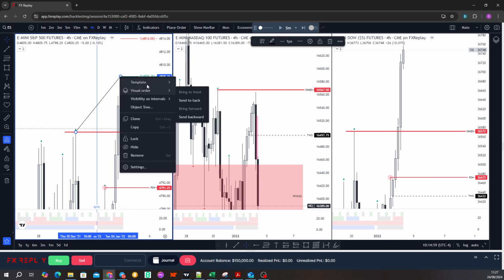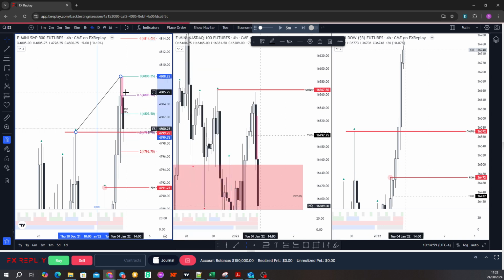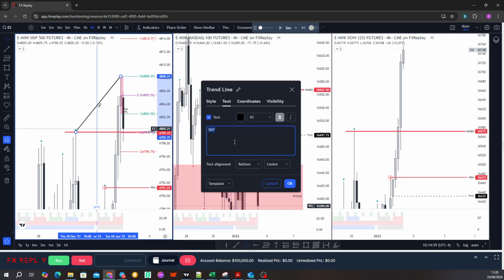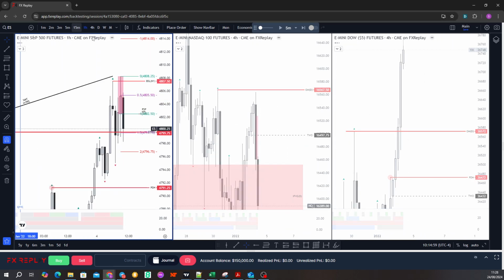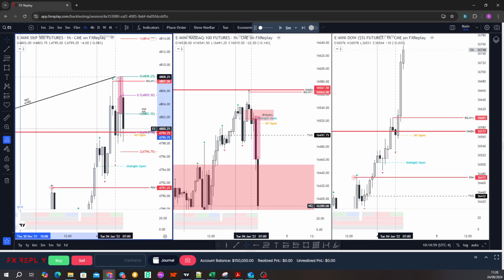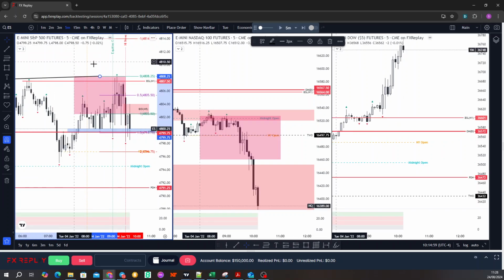We've had the PSP candle. Okay, we've had the PSP candle, which has been confirmed.